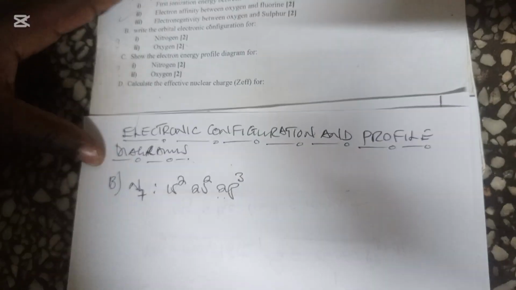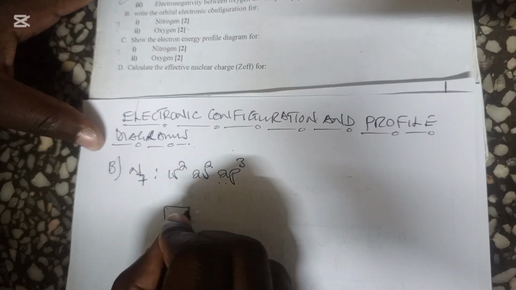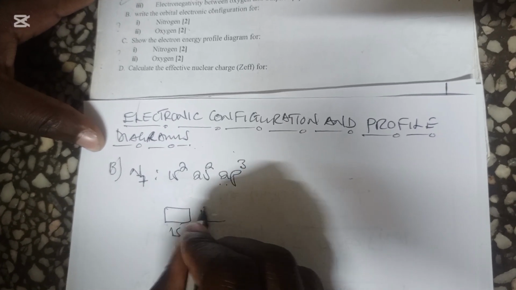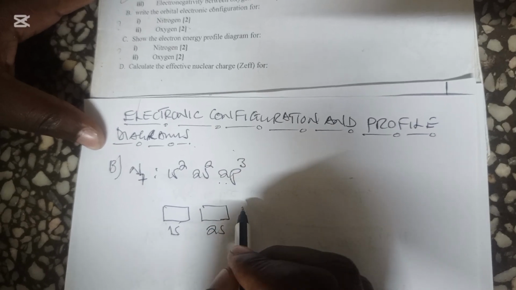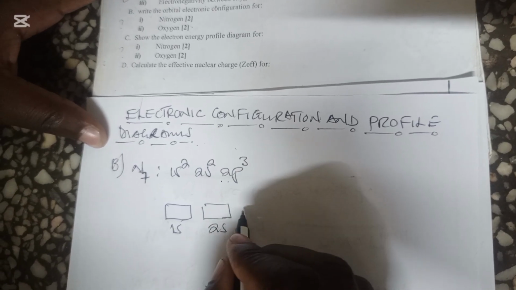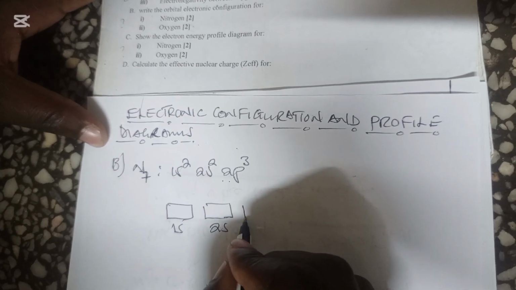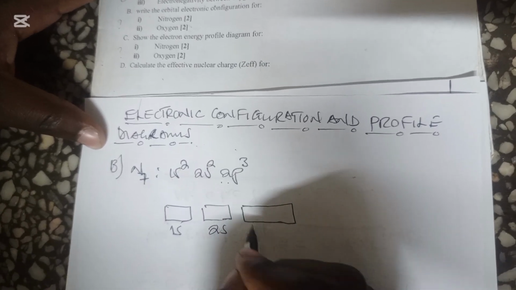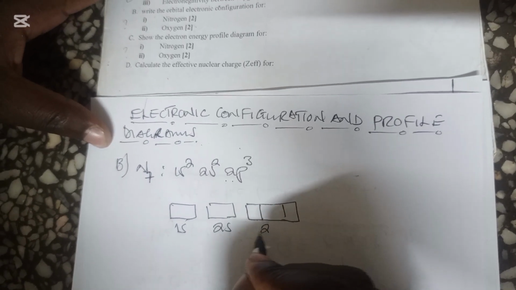It's very simple. We're going to say this is 1s and this is 2s, and the p orbital has 3 sub orbitals, which we call degenerate orbitals. So we're going to draw 3 degenerate orbitals. This is 2p.